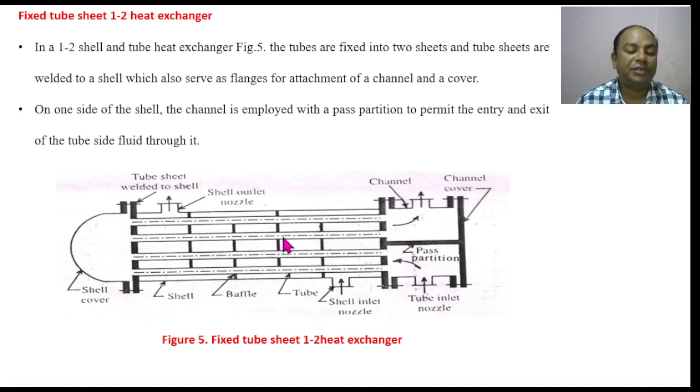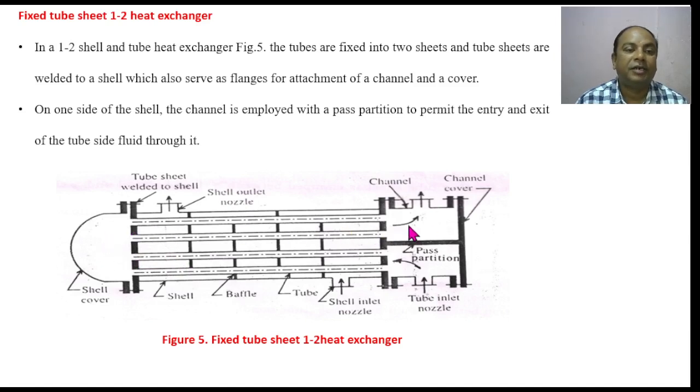So the fluid passes twice through the tubes and exits from the other side of the channel, because one of the channels is provided with an inlet as well as an outlet. So the fluid makes two passes, one from this side and the other from this side.